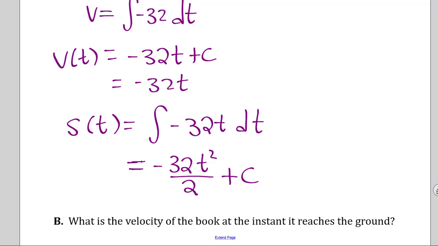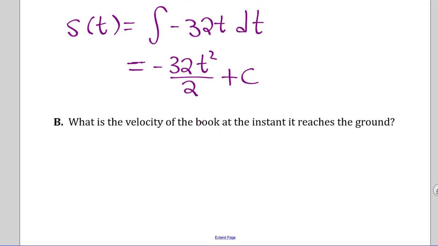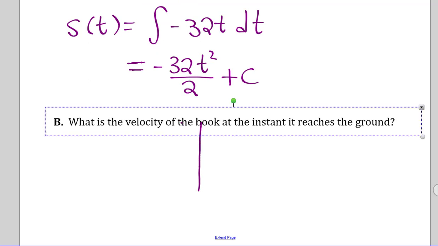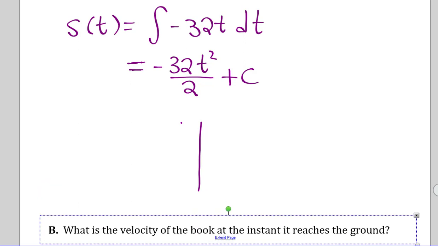Okay. We don't just ignore the c, but if we use our initial conditions and it comes up to be 0, then 0 is what it is. Okay, but for this one, we've got an initial condition of 48 for our height.